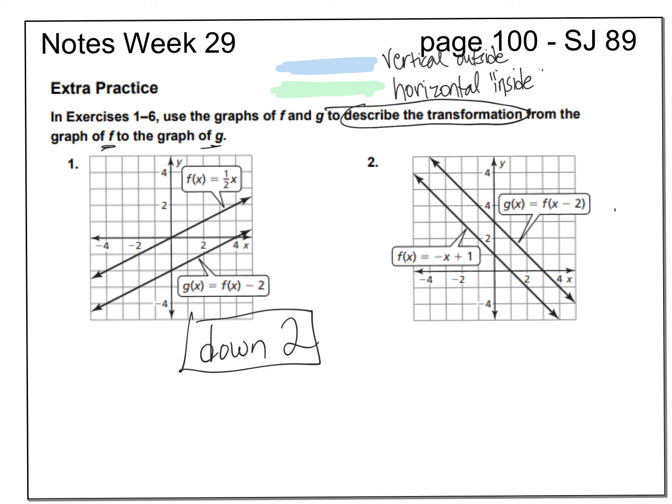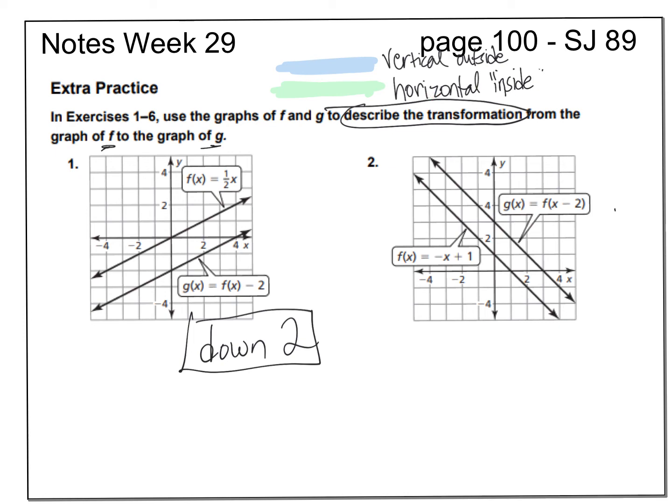Let's look at number 2. Here is my original f of x function. It honestly is from the parent function, which you'll see more about later, but it is actually a reflection across the x-axis and up 1 from the parent function. But we're not going from the parent function. We're just talking about from f of x. So what is this telling me to do? A 2 inside with x. Inside is a horizontal movement.